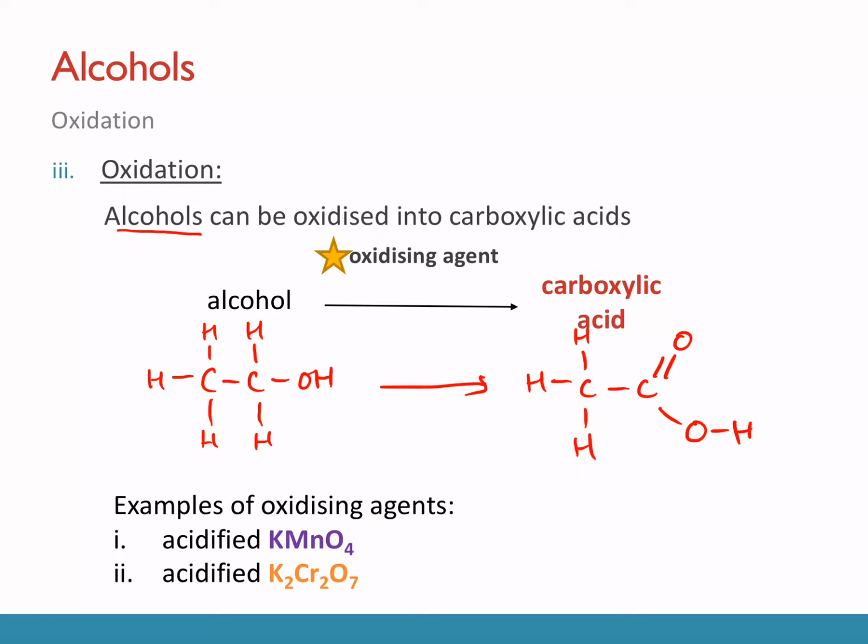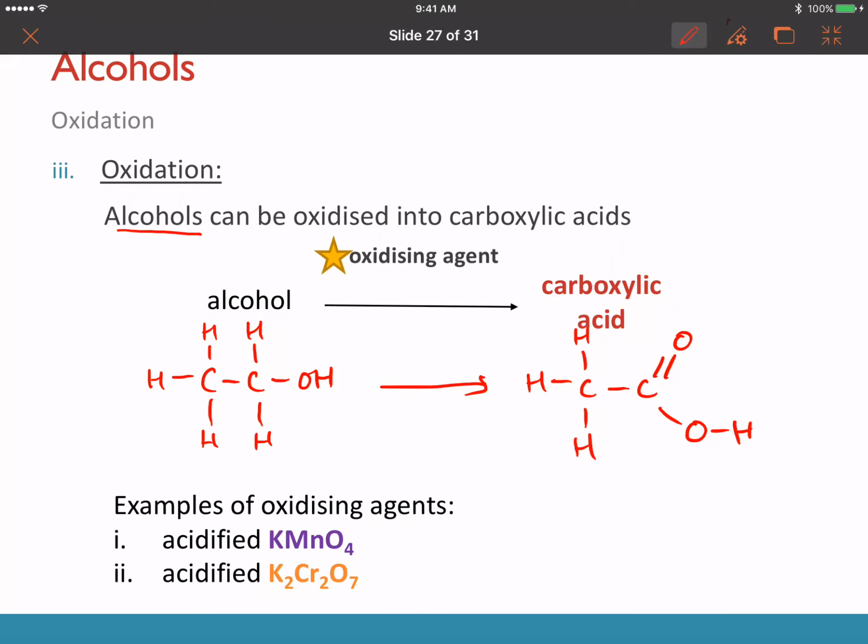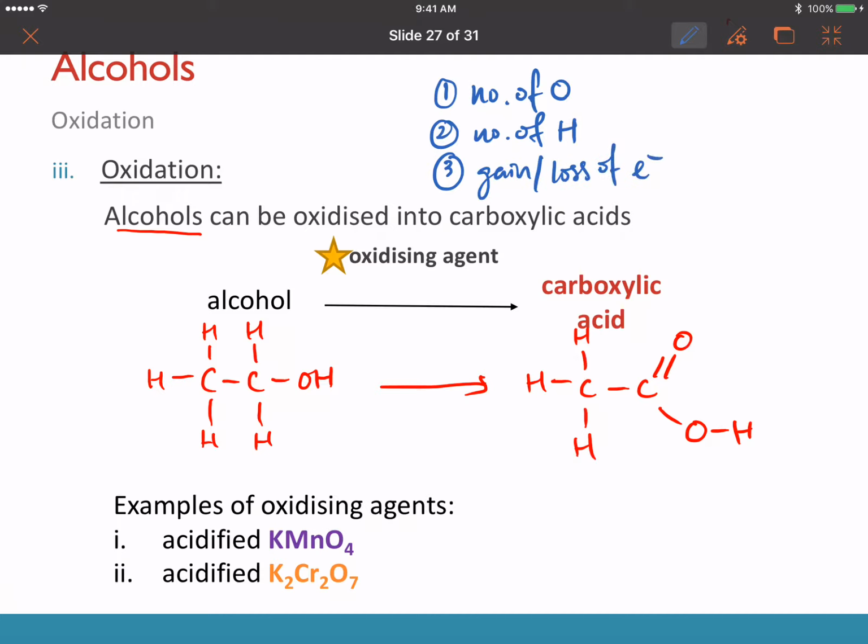Okay, how can we tell that something is oxidized or reduced? Recall that to tell whether something is oxidized or reduced, there are four methods. First, number of oxygen atoms, then number of hydrogen atoms, gain or loss of electron, then lastly, oxidation state numbers.